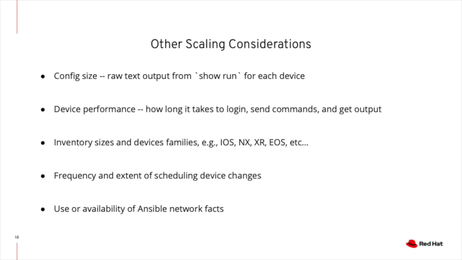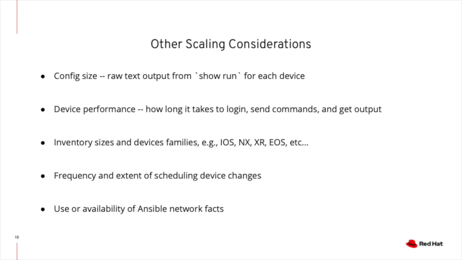Okay, at the same point, if you're working with a device like an ASA device, and there's no ASA facts module, right? So that's another scaling consideration. Devices that have facts modules versus do not have facts modules play into some of these scaling considerations as well.